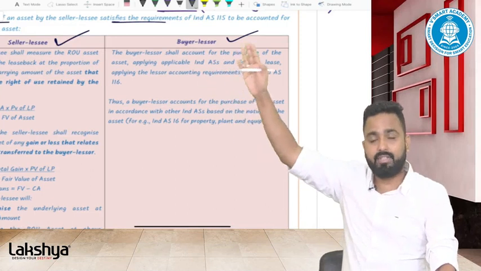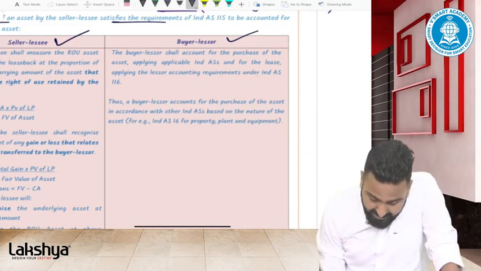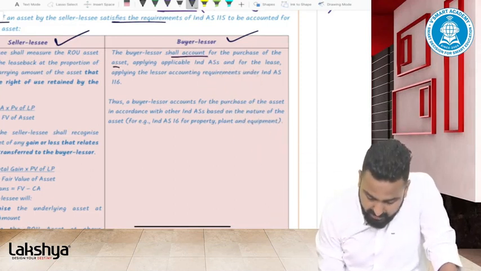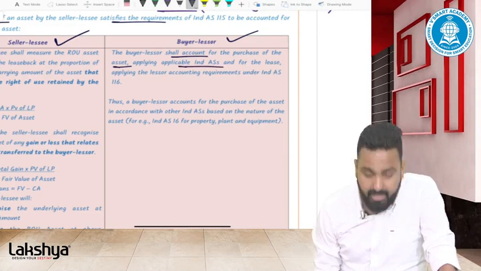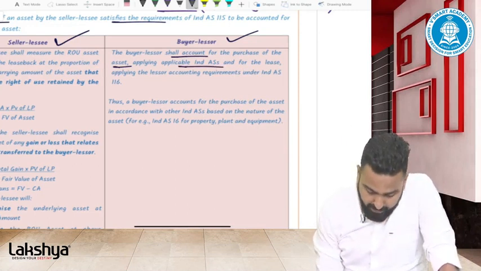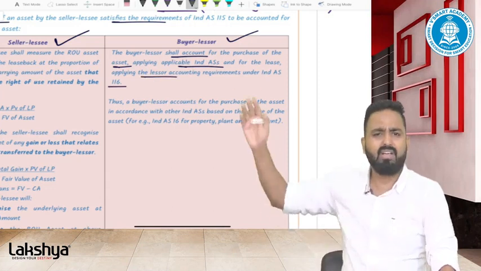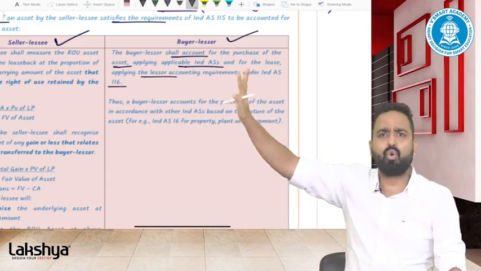First of all, let's discuss the buyer point. The buyer lessor shall account for the purchase of the asset, applying applicable Ind AS, and for the lease, apply lessor accounting requirements of Ind AS 116. See, the lessor will have two roles.